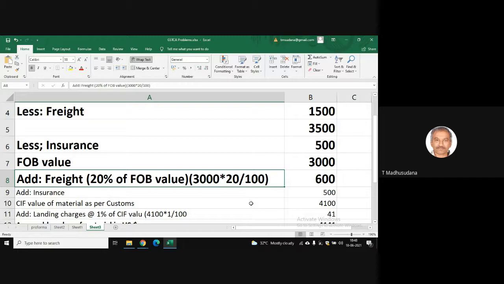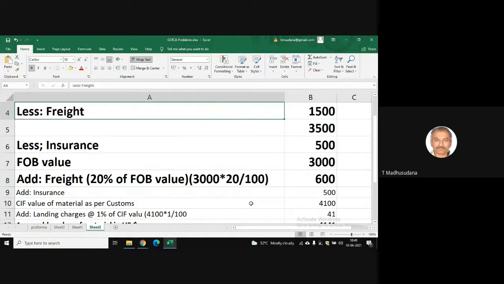It is an advantage to the importer, because if the freight is more than 20% of FOB value, only 20% will be added. Suppose the freight is less than 20%, then actual freight will be added. So freight 20% of FOB value, that is 3000 into 20 by 100, comes around 600 US dollars.